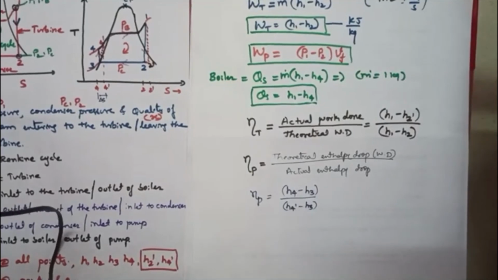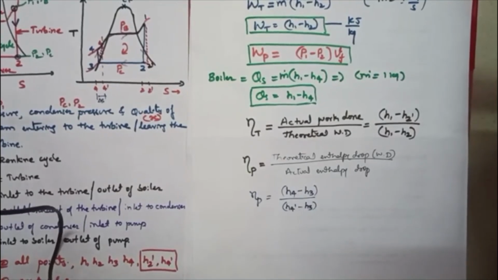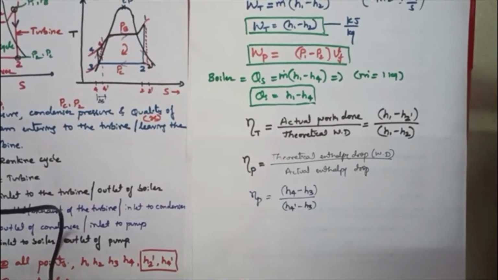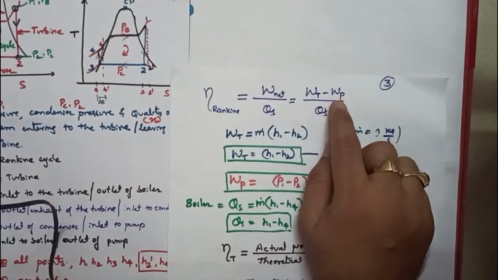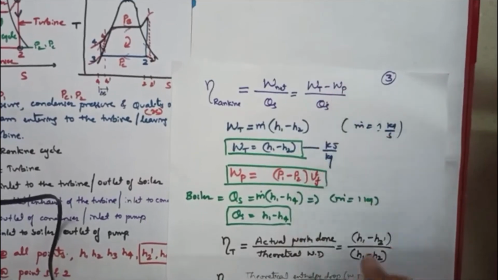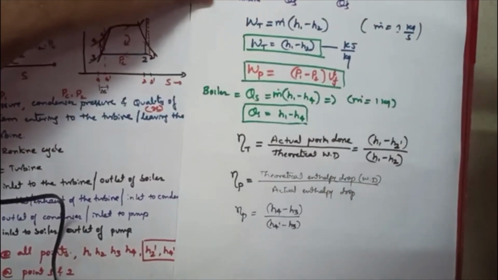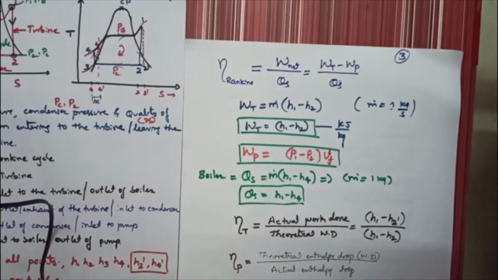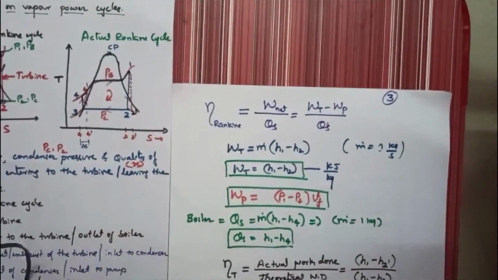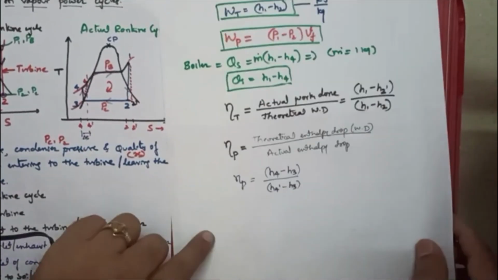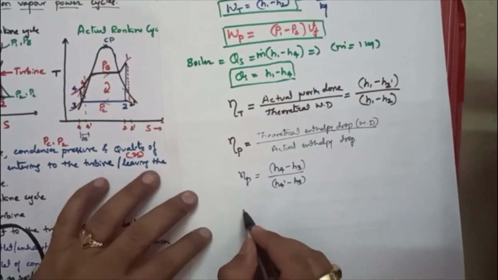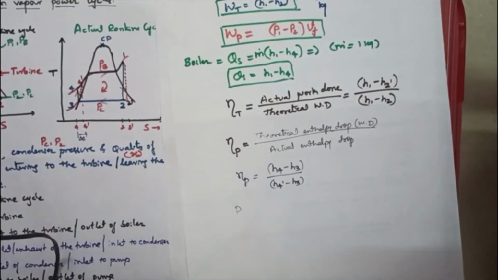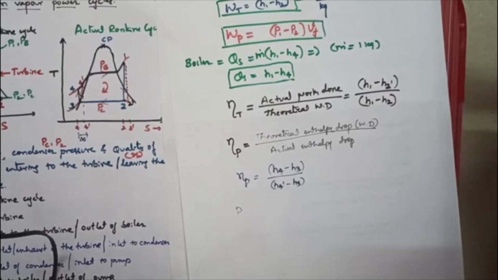So next, coming to the point, net work done, that is WT minus WP. This is one type of equation; you may be asked to calculate net work done in the cycle. Next you will get power. You may also be asked to calculate net power developed by the cycle.